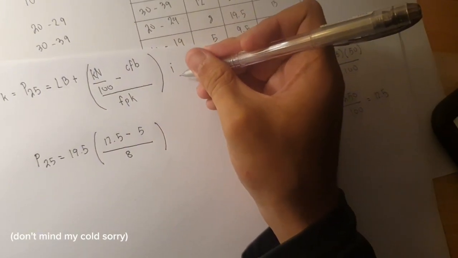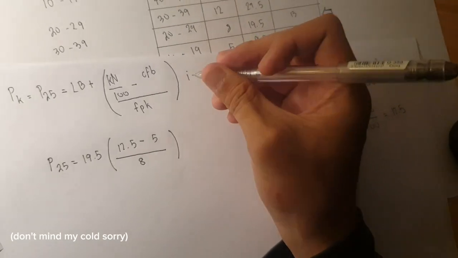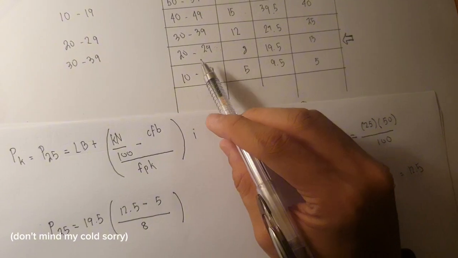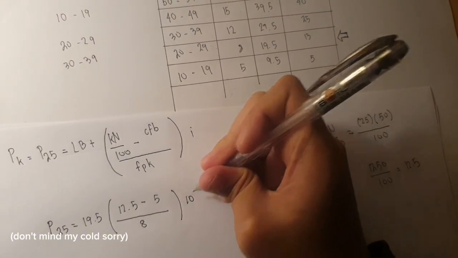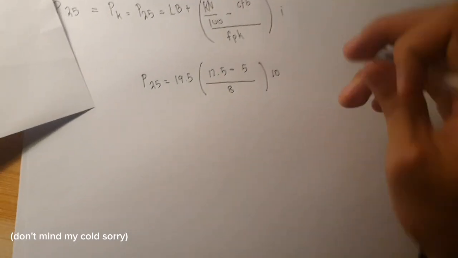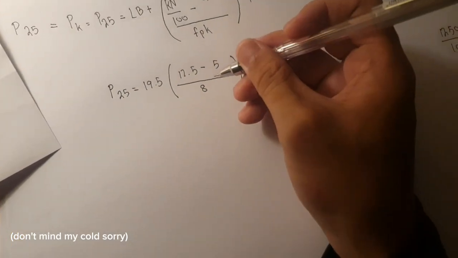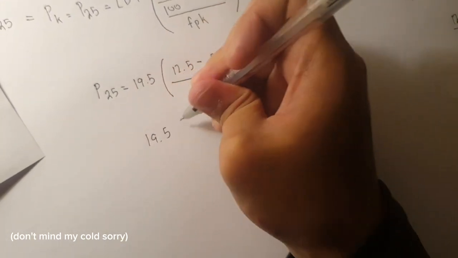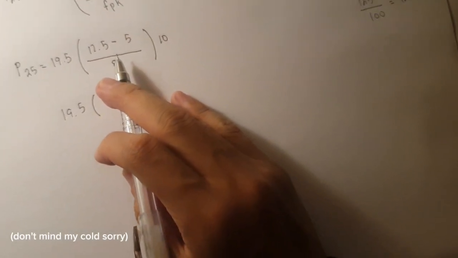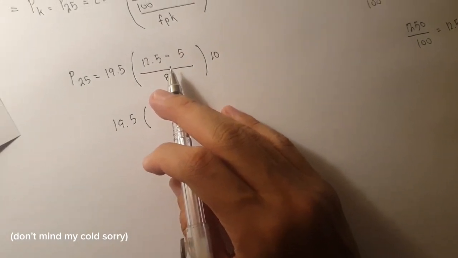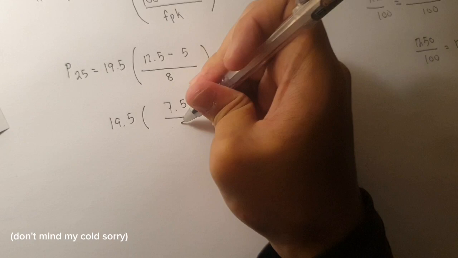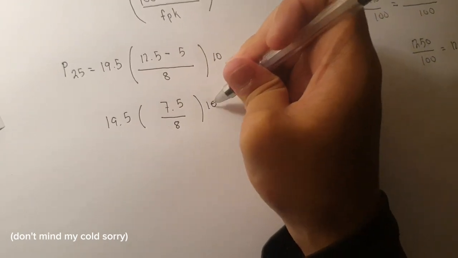The size of the class interval, as I said earlier, we count the gap, so this is 10. Now we can subtract: 12.5 minus 5 is 7.5. So 7.5 over 8 times 10.